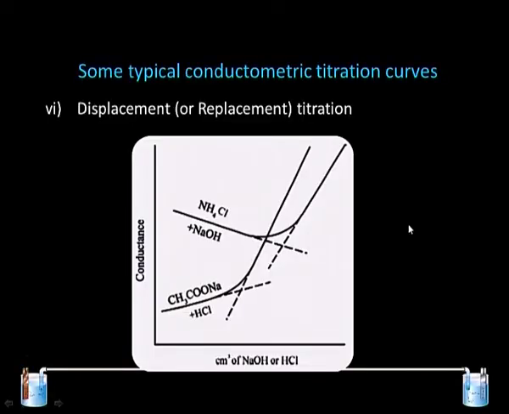One of the important conductivity titrations is displacement titration, in which sodium acetate is taken and HCl is added. If you look at what happens to the conductance, you can see that there is an increase in conductance, and after reaching a certain point it increases further.